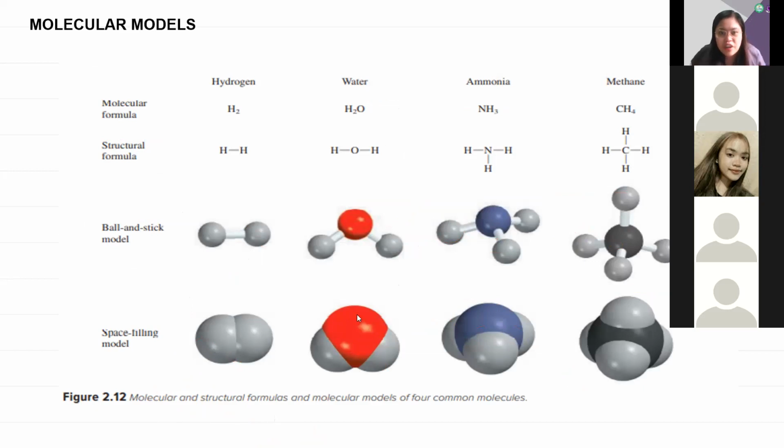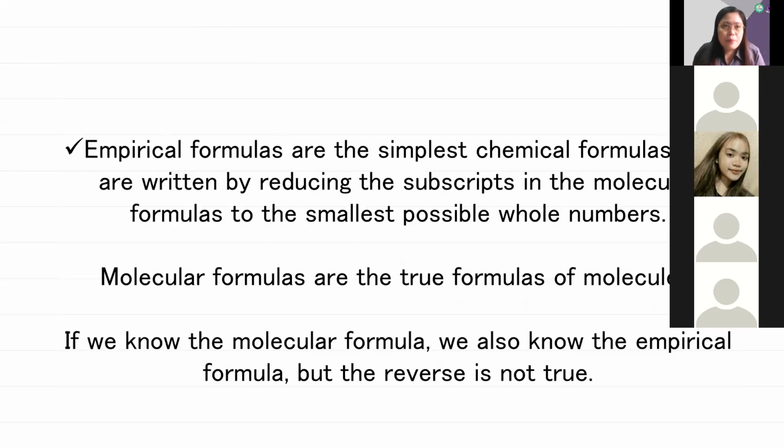So for water, itong red, that will represent the oxygen, and itong nasa gilid, yan yung magre-represent ng hydrogen. Oxygen ang nasa gitna. So it will show us the variation in the sizes of our atoms. That's how we represent, that's our molecular models.